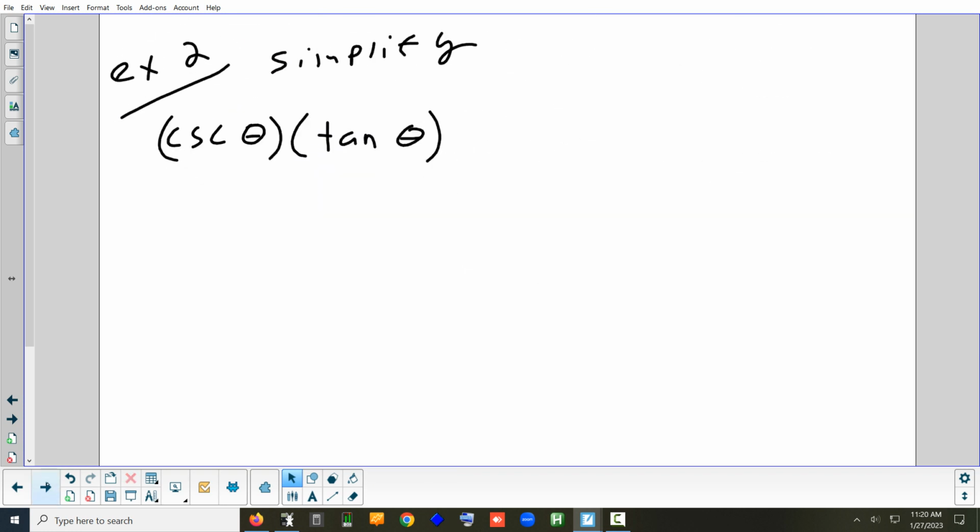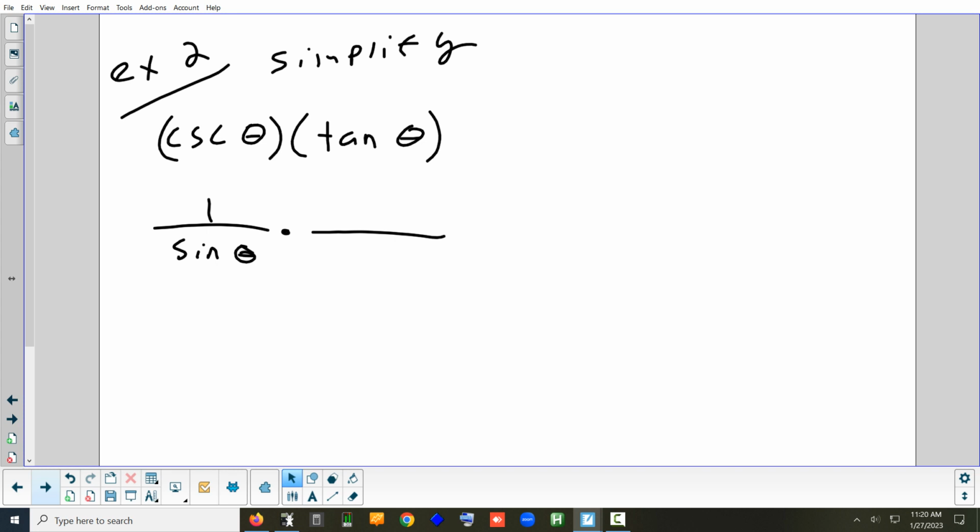Okay, let's try this one. It's about the same type of difficulty. The last one and this one would be considered pretty easy identities. All right, what could we do with cosecant? We could make that 1 over sine. And what about tangent? Right. You might say, well, what about 1 over cotangent?